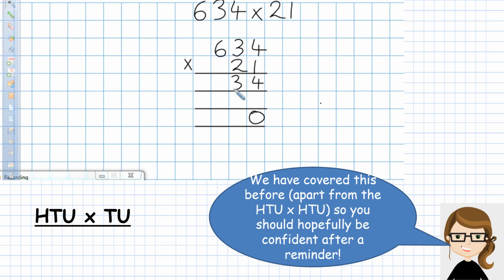4 times 1 is 4, 1 times 3 is 3, 1 times 6 is 6. That one's simple, it's just 1 times all the numbers. Now we put our 0, 2 times 4 is 8, 2 times 3 is 6, and 2 times 6 is 12. And now we must add the 2 answers together.